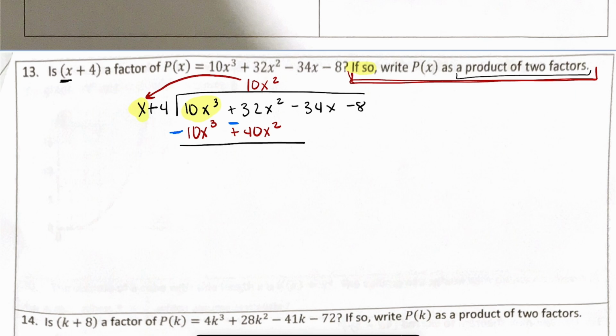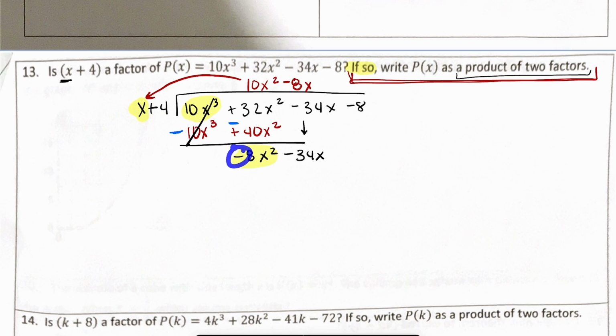So then we are left with negative 8x squared. We bring down the next one, negative 34x. Okay, next one is x multiplied with what? We get negative 8x squared. We know it as negative 8x.